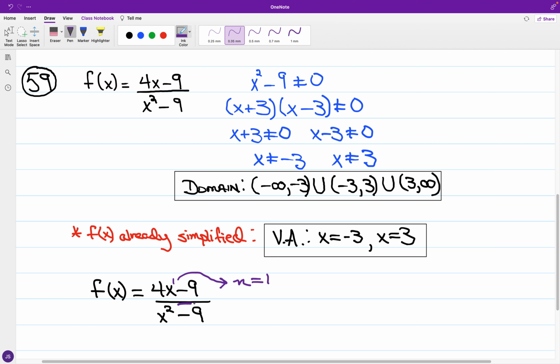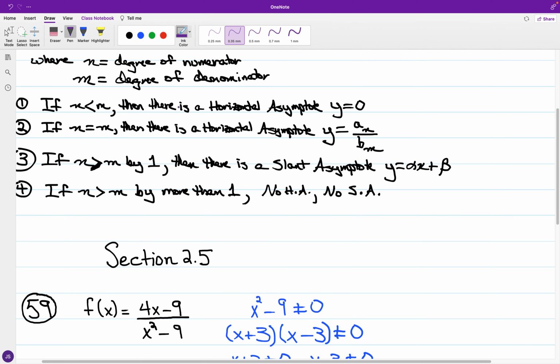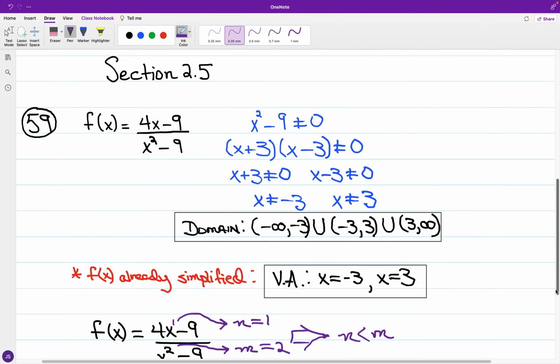And in the denominator, from x squared, this signals that the degree of the denominator is going to be 2. So in this case, we have n at 1, m at 2, and we're going to have that n is less than m. With the rules of thumb, if n is less than m, there's going to be a horizontal asymptote, y is equal to 0.